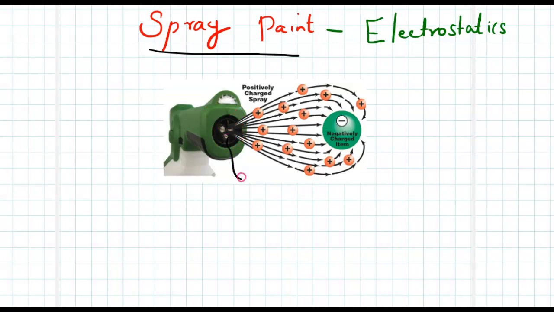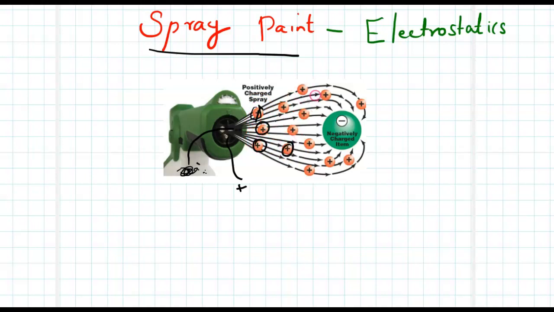Here is the nozzle. Inside the bottle, here is a bottle, it has paint inside, and the nozzle is connected to a positively or negatively charged battery. Suppose a positively charged battery is connected to the nozzle. So when you spray, the paint comes out through the nozzle, which is connected to the positive terminal, so the paint particles become positively charged.